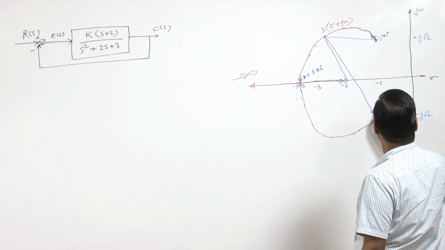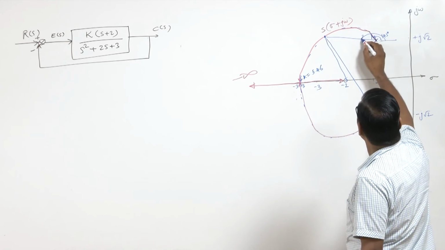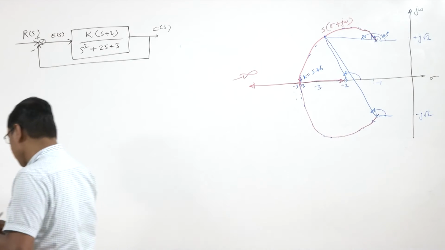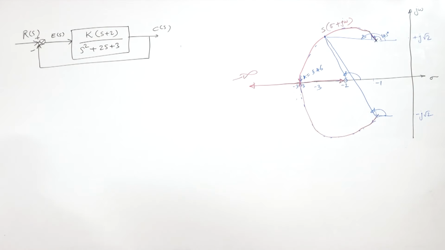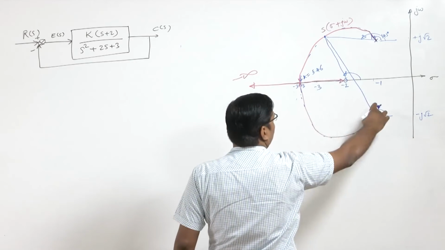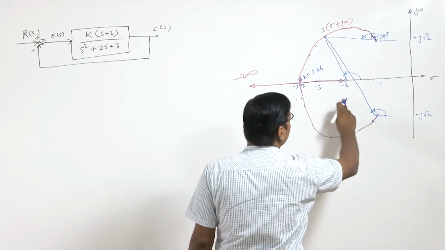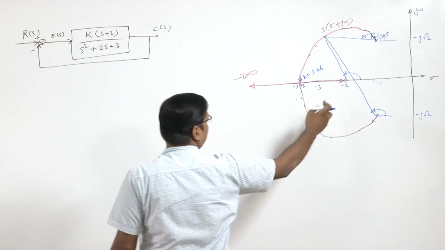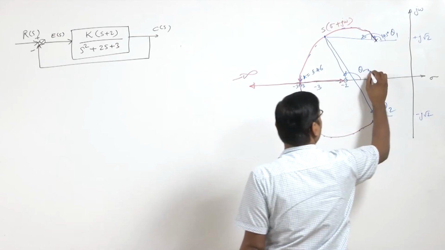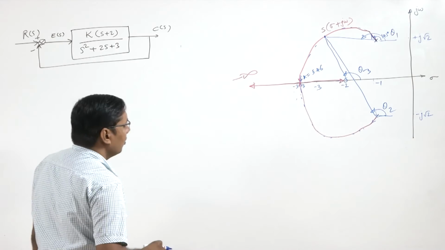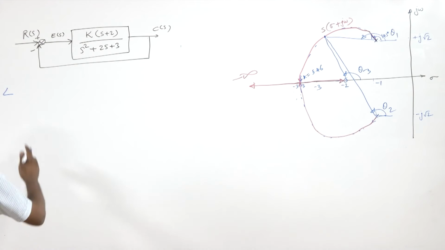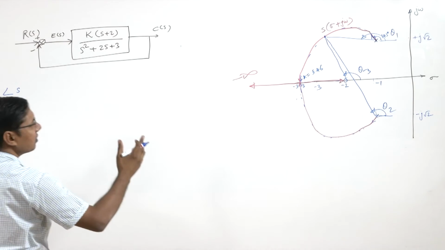So we have to find these angles; let us say theta 1, theta 2 and theta 3.